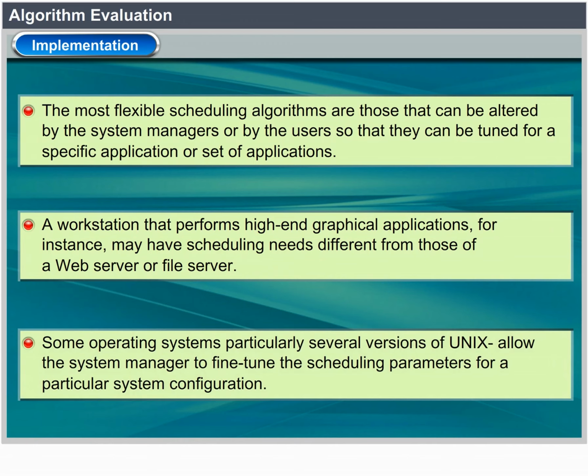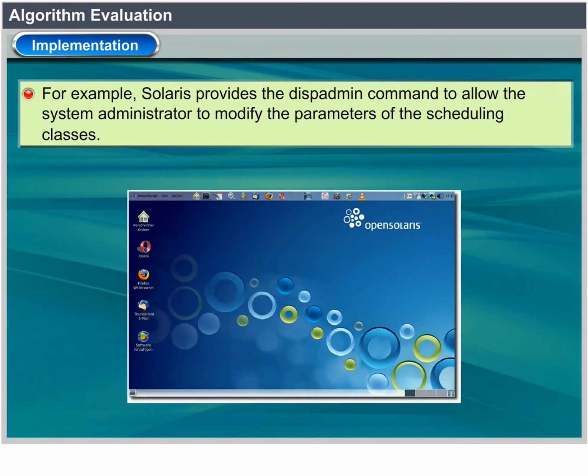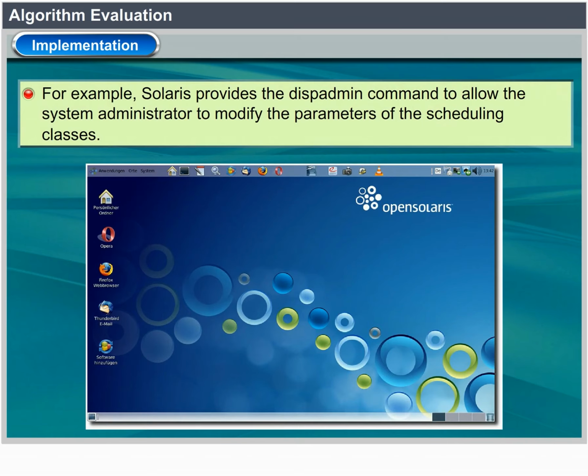Some operating systems, particularly several versions of Unix, allow the system manager to fine-tune the scheduling parameters for a particular system configuration. For example, Solaris provides the dispadmin command to allow the system administrator to modify the parameters of the scheduling classes.